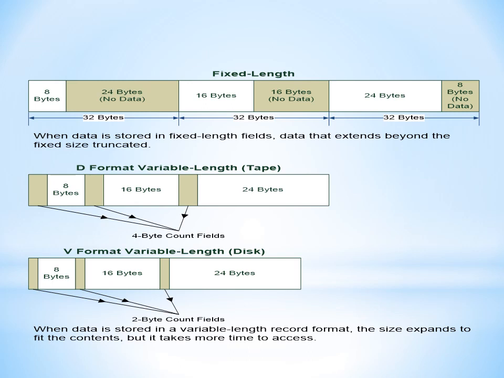For example, if you save your data in tape backups, they use the D format, variable length, which has 8 bytes, 16 bytes and 24 bytes. For the disk, we use the V format, variable length, whereby each record has a 2 byte count field where the data is stored. The variable length record format will expand to fit the content, and indeed it takes more time to access.